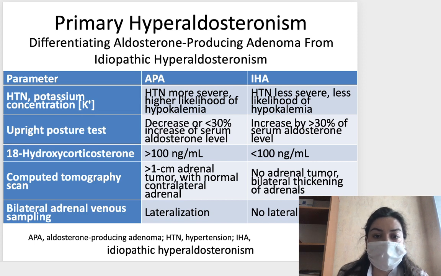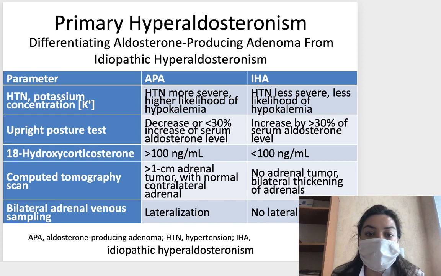Upright posture test: for adenoma, there is a decrease or less than 30% increase of serum aldosterone level, and for idiopathic, an increase of more than 30%.